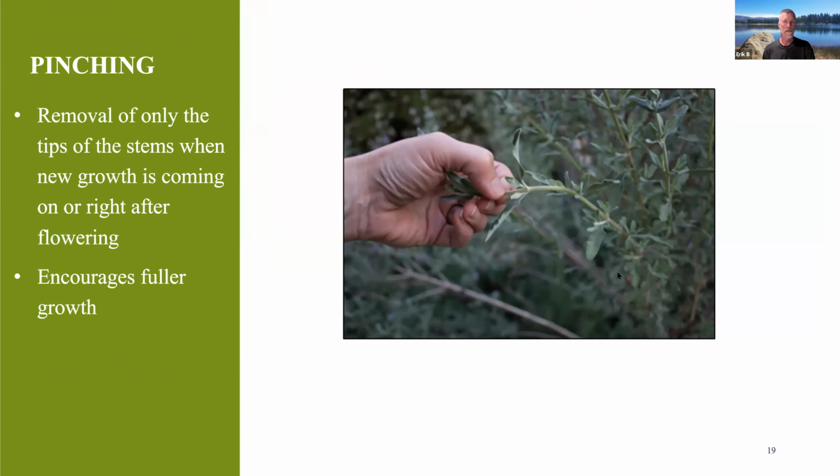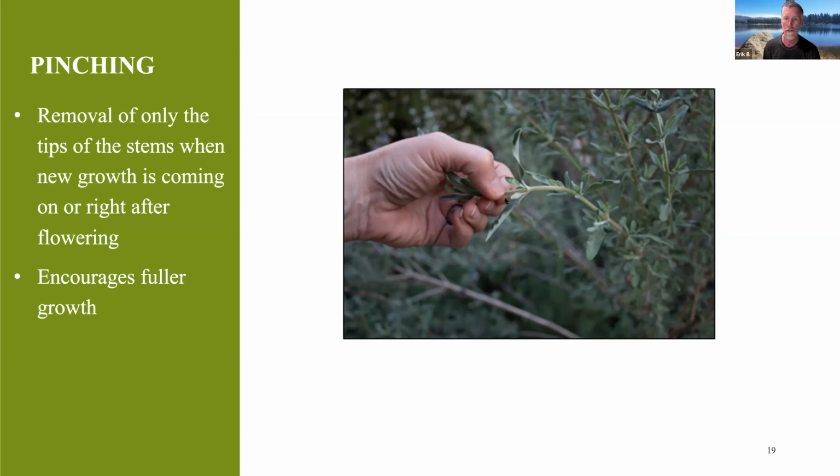Pinching. This is another pruning technique. This is the removal of only the tips of the stems when new growth is coming on right after flowering, to encourage fuller growth. So this is used often with salvias and plants that you want to sort of ball up.